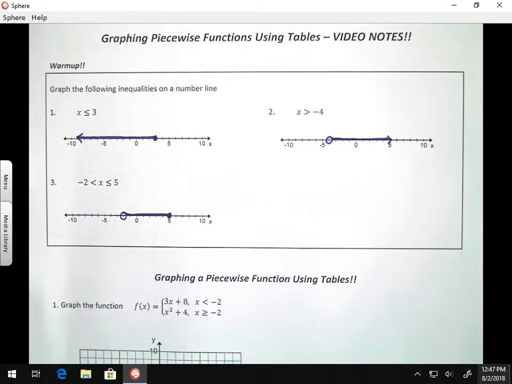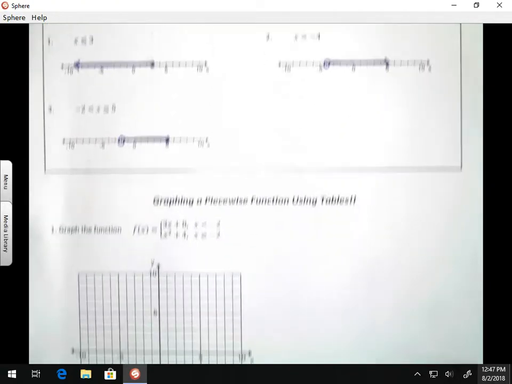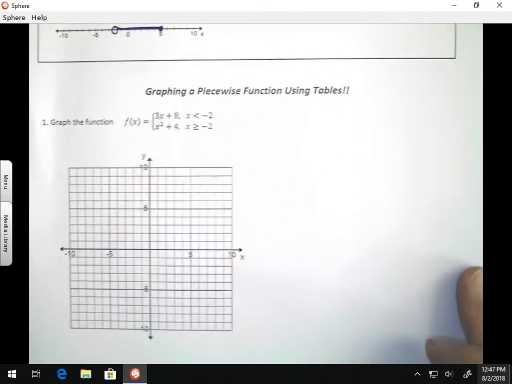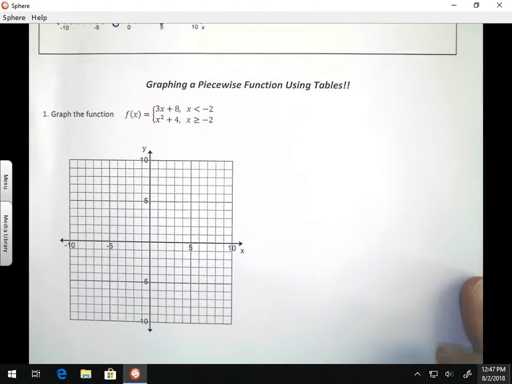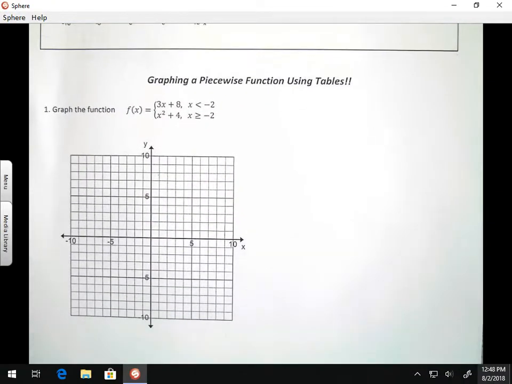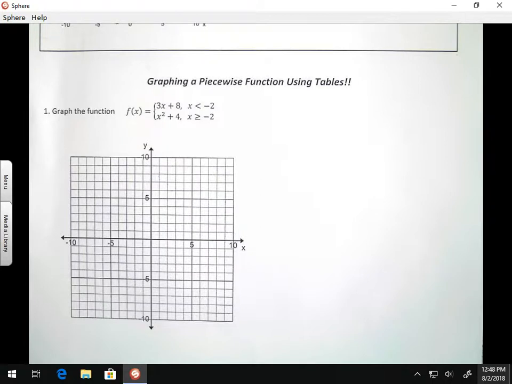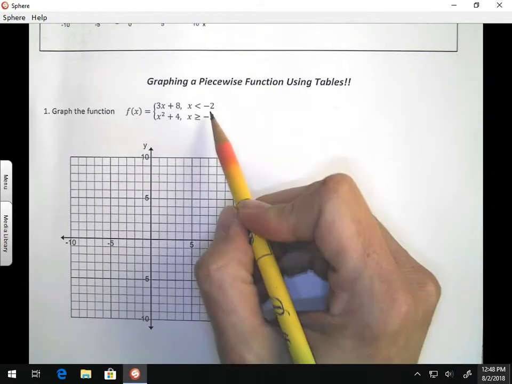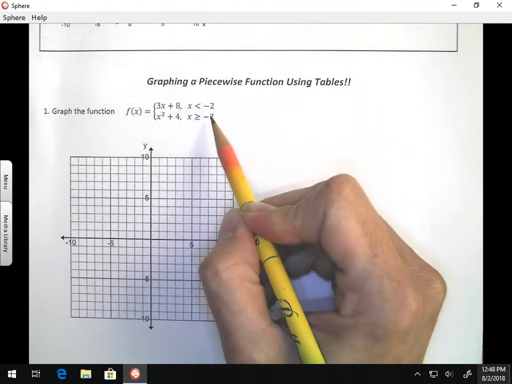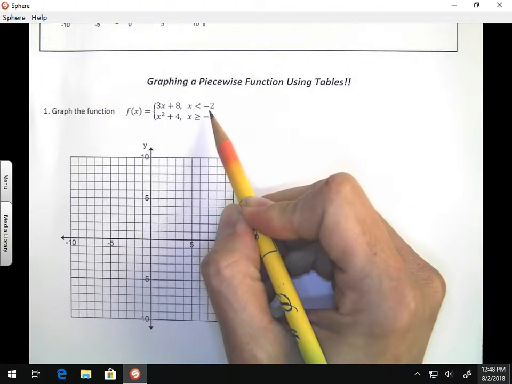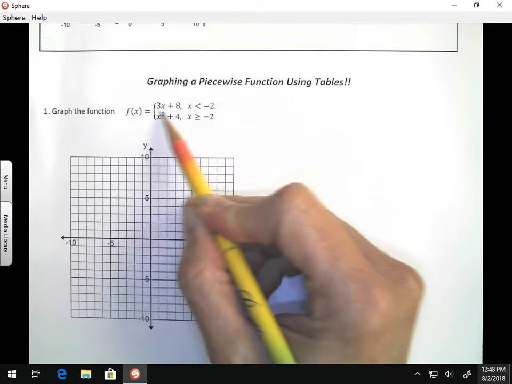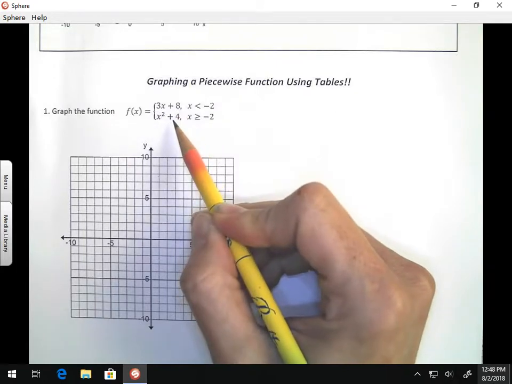So now we're going to get into graphing piecewise functions. Because these can get fairly complex, we're going to start off by graphing them using tables. Before I even get into the table, one thing I like to do is look at where the breaking point of my function is. I know for this one it's at negative 2. So at negative 2, I'm going to switch from using this function to using my second function.